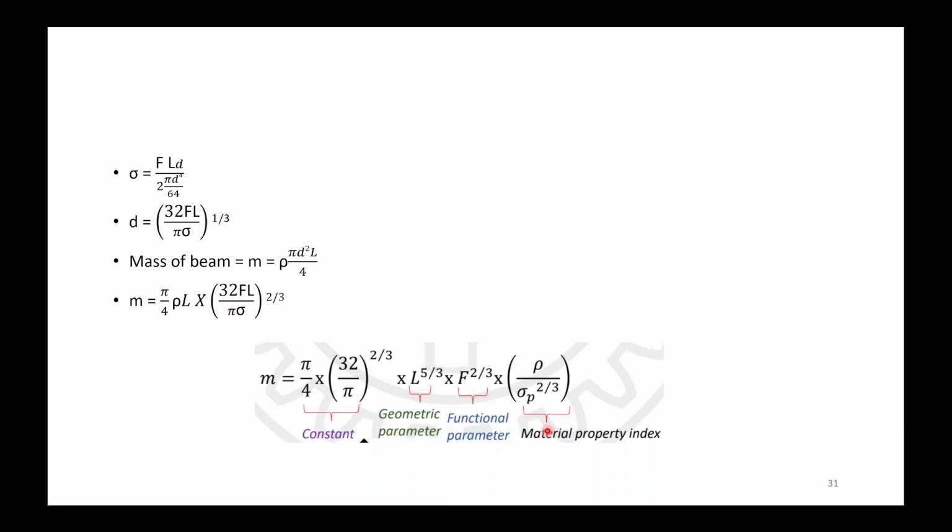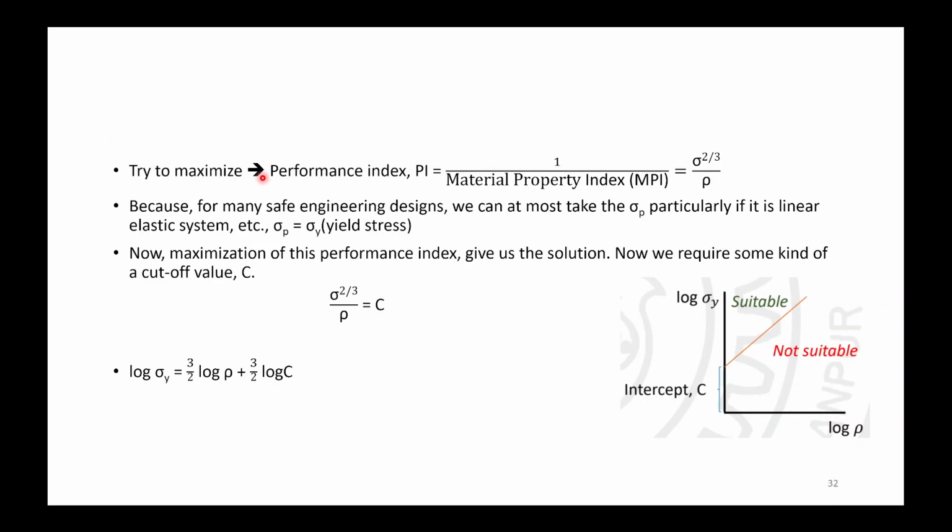The material property index is rho upon sigma to the power 2/3, the functional parameter is F to the power 2/3, and the geometric parameter is L to the power 5/3. Now we always try to maximize the performance index, which is the inverse of the material property index, so it will turn out to be sigma to the power 2/3 upon rho.